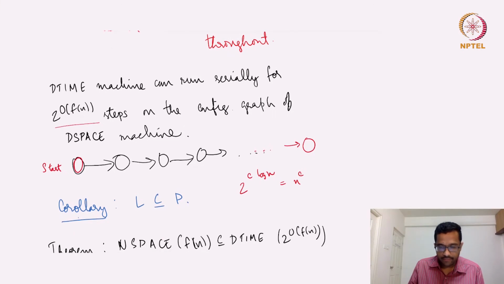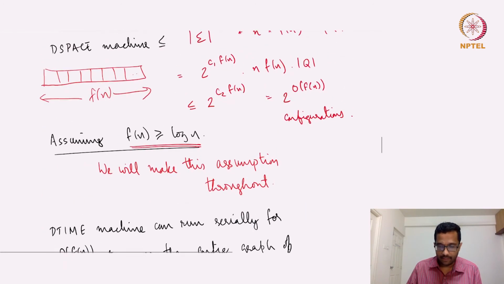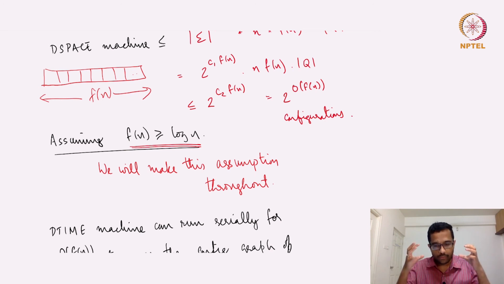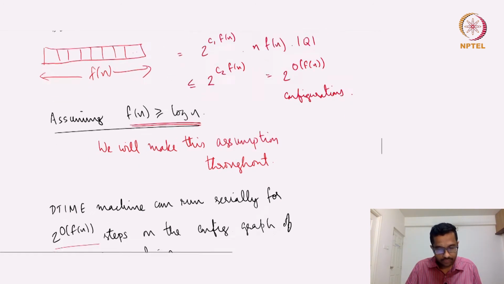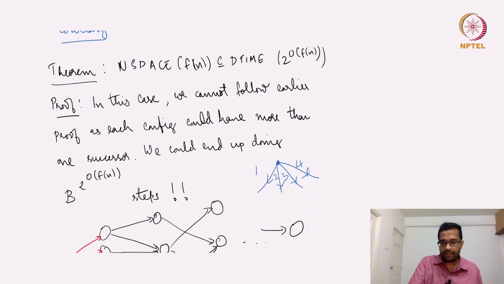In this case, the configuration bound is the same, because the number of configurations does not depend on whether it's a deterministic Turing machine or a non-deterministic Turing machine, right? All it is is a snapshot of where the Turing machine is right now. It is not something that is indicative of the dynamic movements of the Turing machine. So the number of configurations is 2 power order f(n).